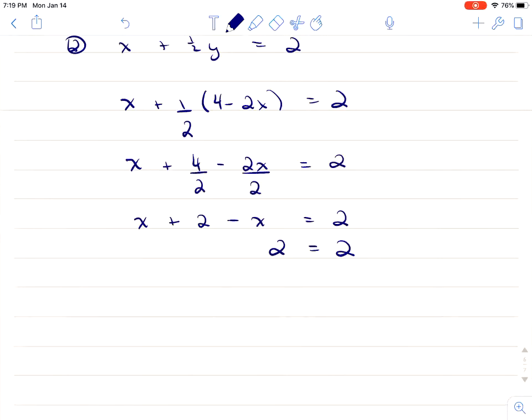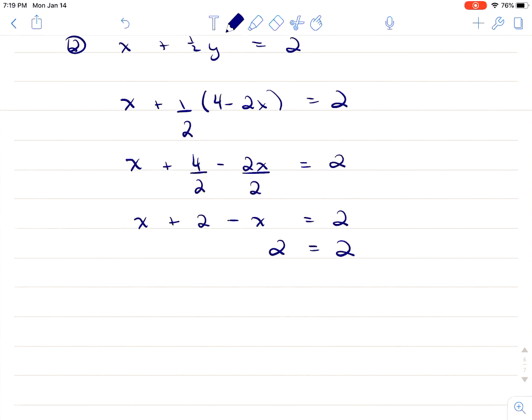I'll make a note about that, but first I'll talk about the other option, a little bit worse. What if you got to here and it said 4 equals 2? That's never true. So when you get to a false statement that doesn't involve an x or a y, then you have no solutions.